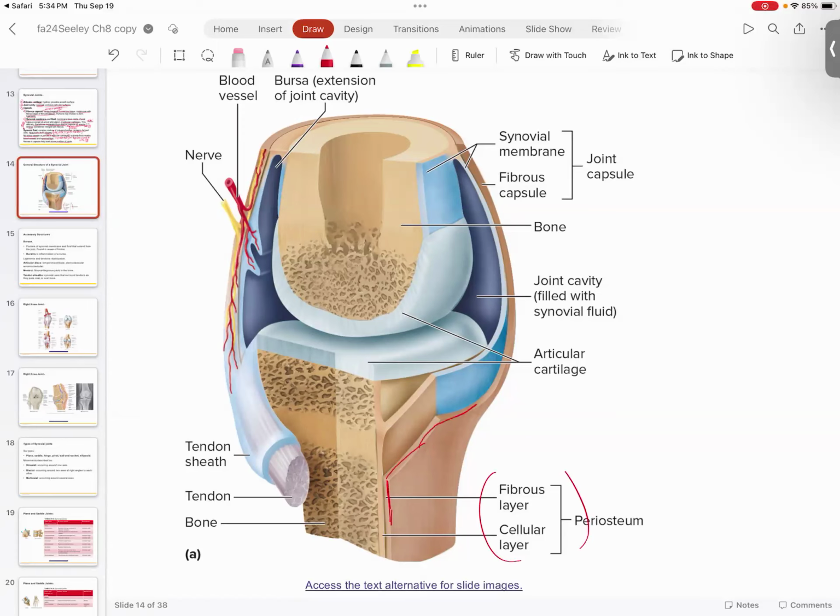So the outer layer of the periosteum becomes that tough joint capsule, and then the inner layer basically morphs into the synovial membrane, which you can see here in blue. And so just underneath the capsule, you'll see the synovial membrane enclosing the entirety of the joint cavity. So you have this joint cavity that then gets filled with synovial fluid, this lubricating fluid.